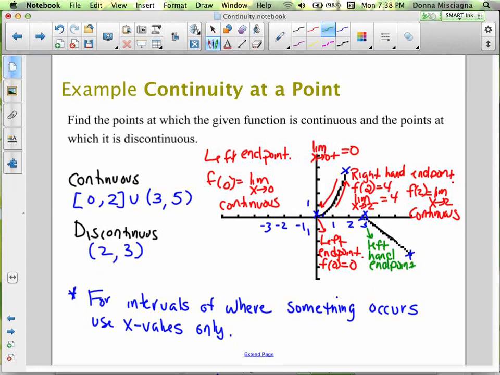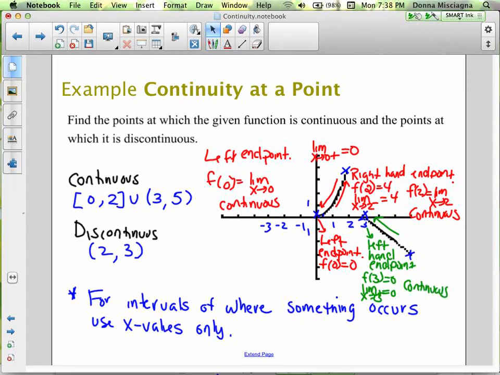All right, so f of 3 equals 0. And as we're coming from the right, the limit as x approaches 3 is also 0. All right, so this is also continuous. So we can get rid of that parentheses.